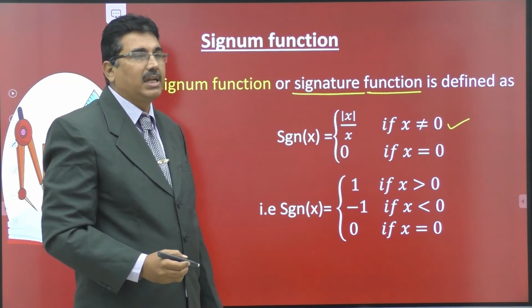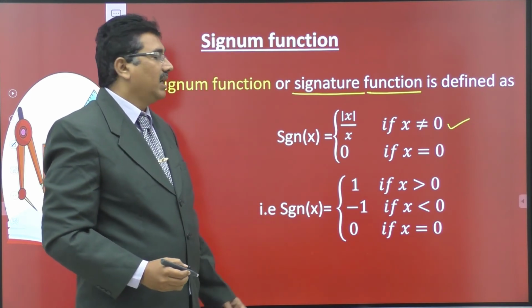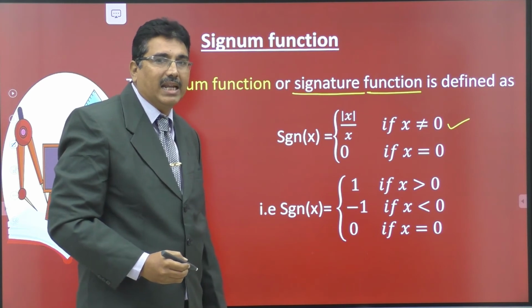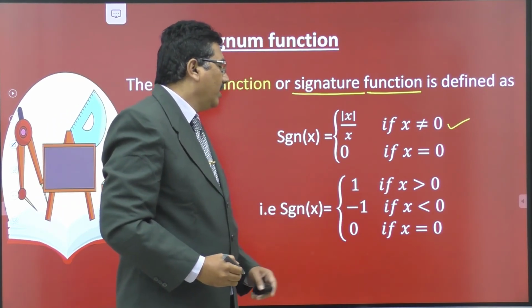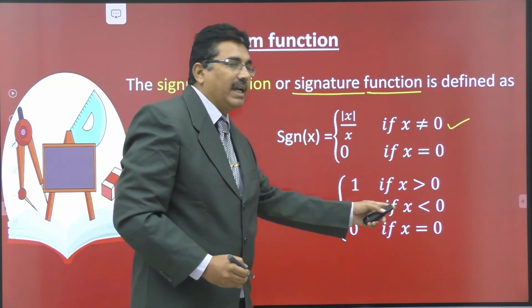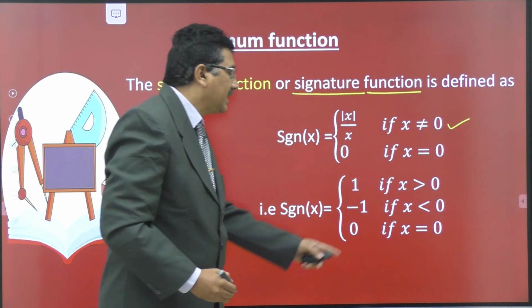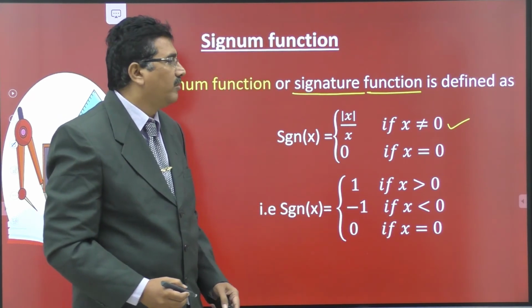In this case, the function indicates 0, right? If x is positive, that will be 1. If x is negative, that function will be -1. If x is 0, that function is equal to 0.